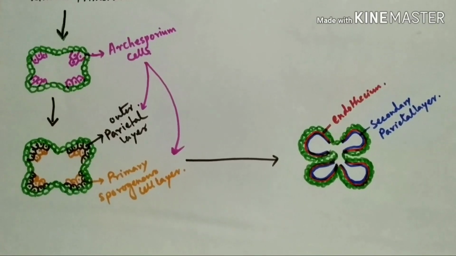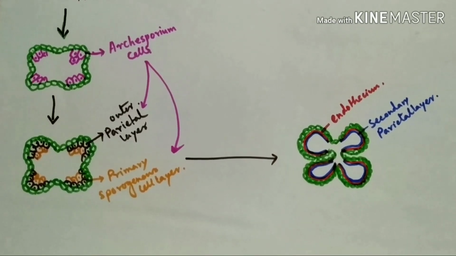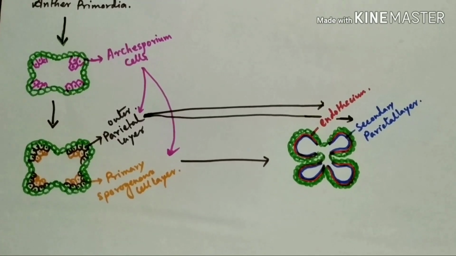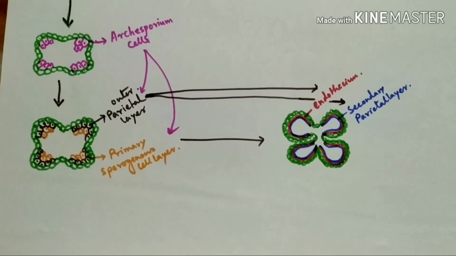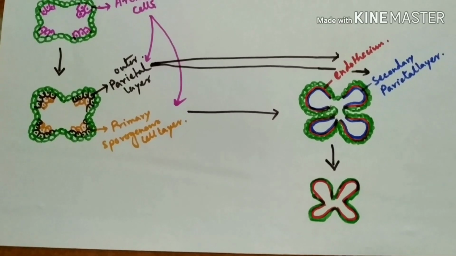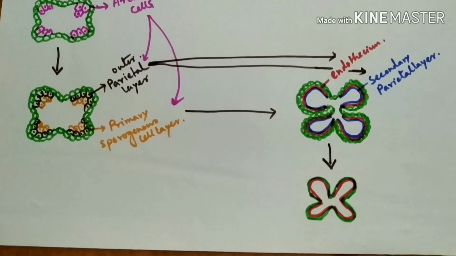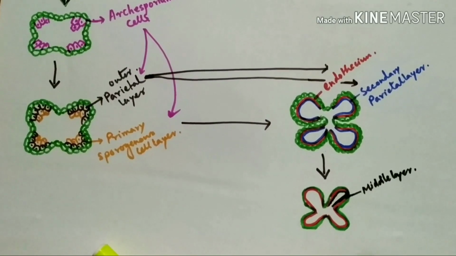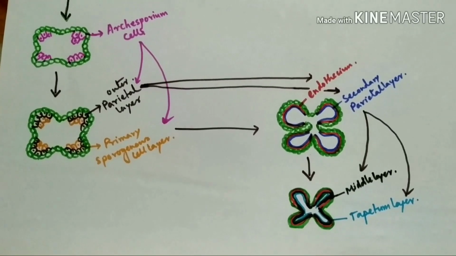So from the outer or primary parietal layer, endothecium and secondary parietal layer are produced. After producing the secondary parietal layer, it divides and produces the middle layer and tapetum. So the secondary parietal layer produces the middle layer and tapetum.